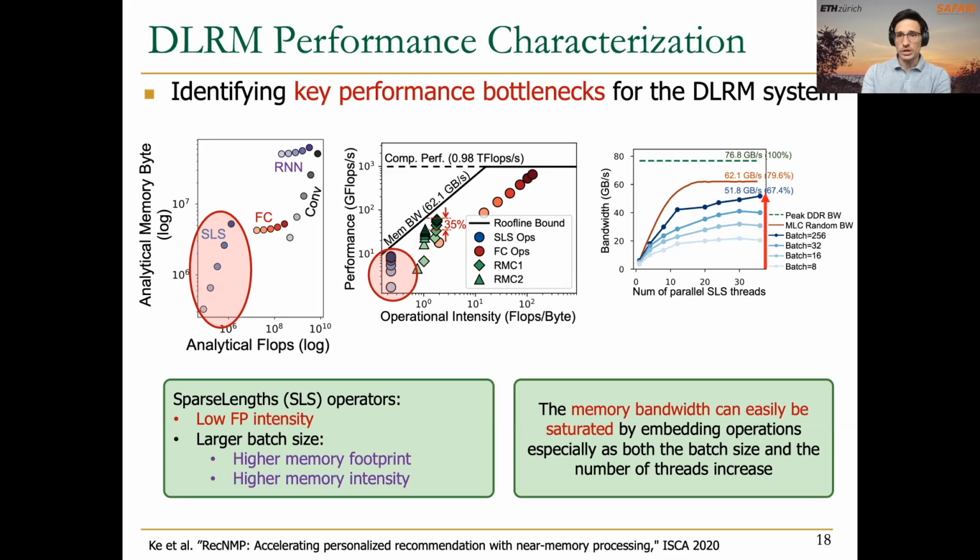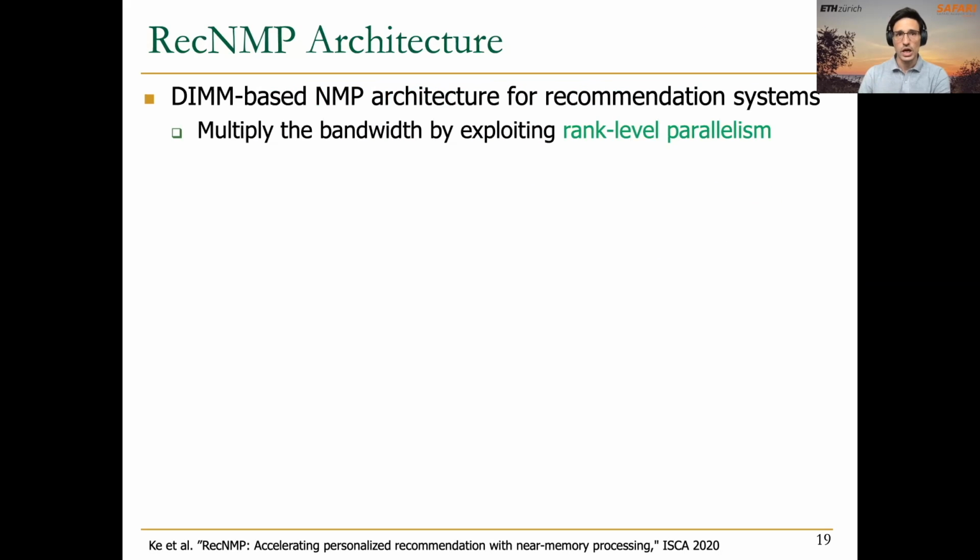There have been several recent and interesting works proposing near-memory processing architectures for this type of recommendation systems and this type of operators, some of them based on DIMM-based architectures with the idea of exploiting rank-level parallelism.